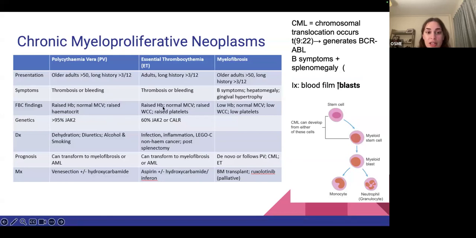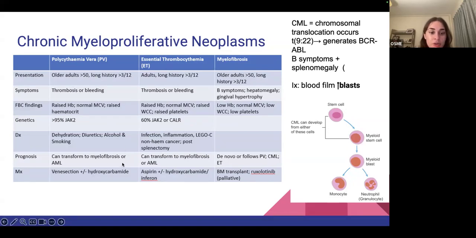You might also get a raised HB at the same time in ET because 60% of the mutations are JAK2 related. The other mutation to be aware of is CALR. They might present post splenectomy, they might have infection symptoms. And the key thing to remember is that you treat it with aspirin.